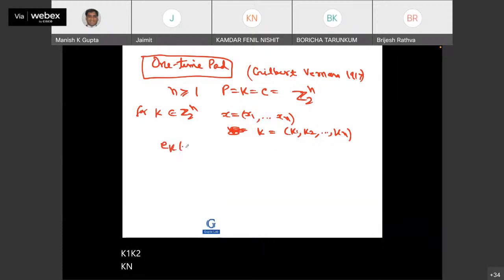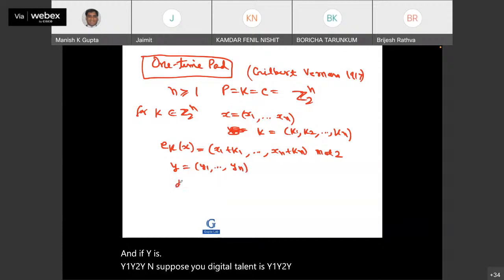The encoding rule e_k(x) is (x1 + k1, ..., xn + kn) mod 2.